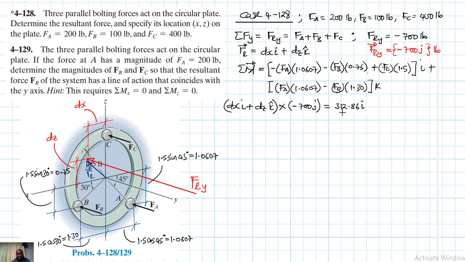All right, 312.86, great. Then the other one, FA, is 200 by 1.0607 minus FB, which is 100 by 1.3. So this one gives us a plus 82.14K. Okay, 200 by 1.0607 minus 100 by 1.3, 82.14.